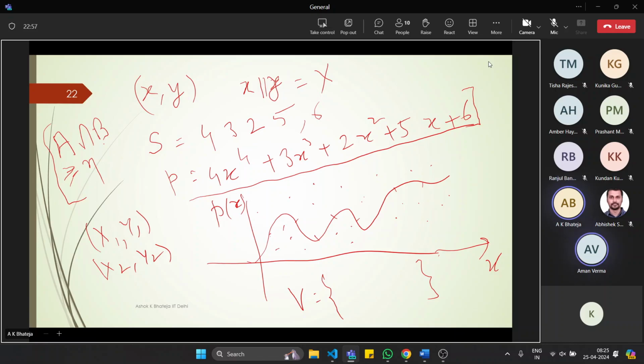Then the polynomial we have designed in such a way that these values, which are the secret, are the coefficients. So 4 is the first coefficient, then 3, then 2, then 5, and so on. So this is the polynomial. Yes, the polynomial is basically the secret.